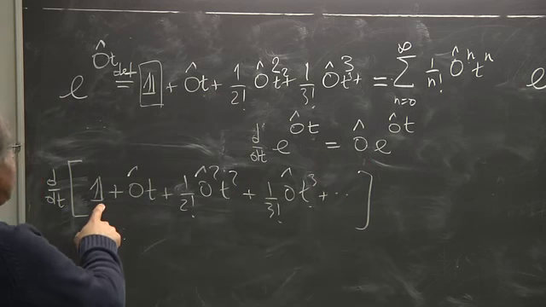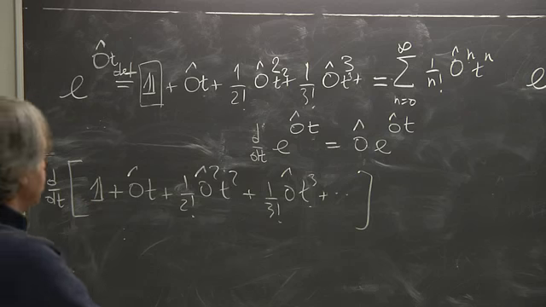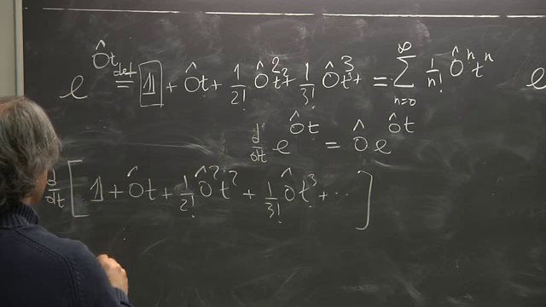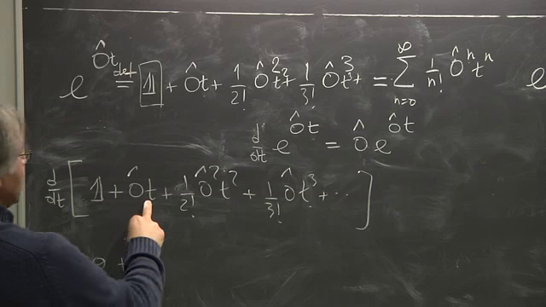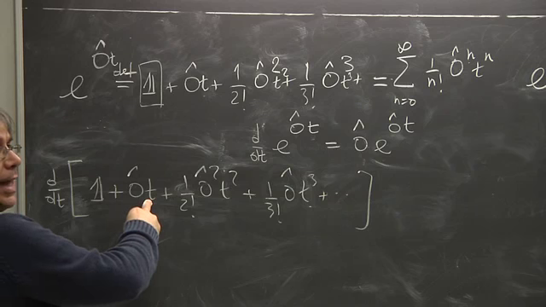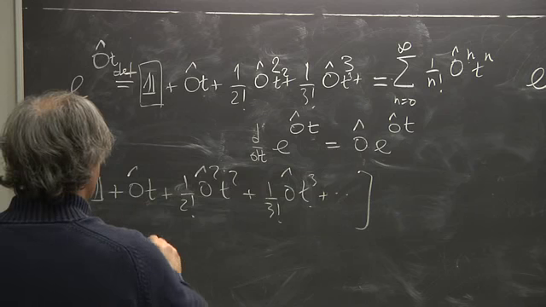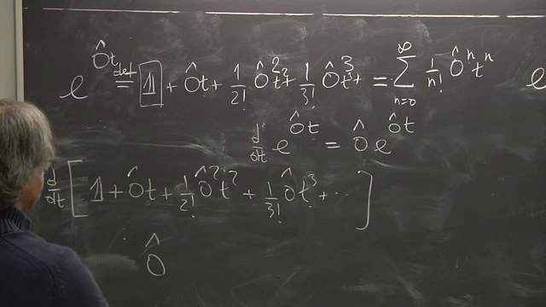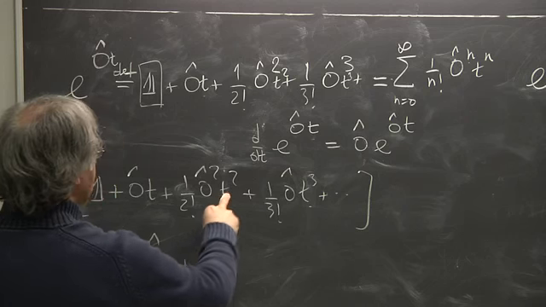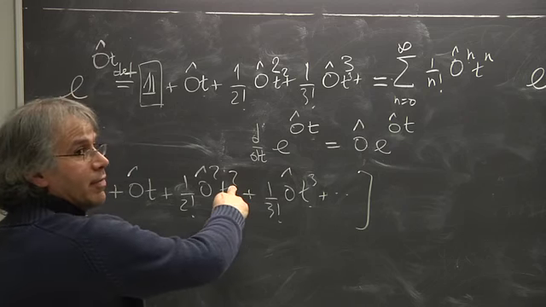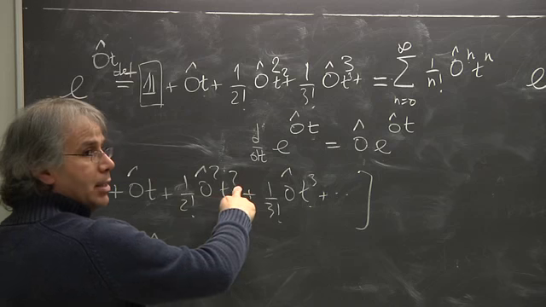Now, identity doesn't depend on t, and therefore the derivative completely drops. So 0. Plus, this is linear in t. I take the derivative, I get O. So I eliminate the 0. Plus t squared. The derivative is 2t, right?